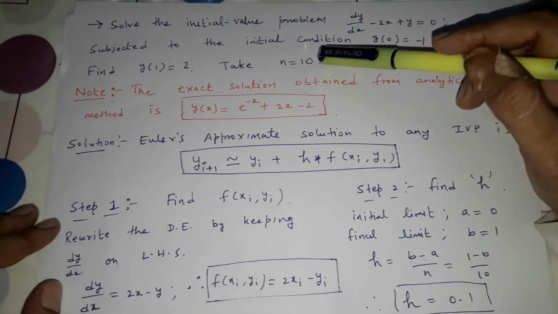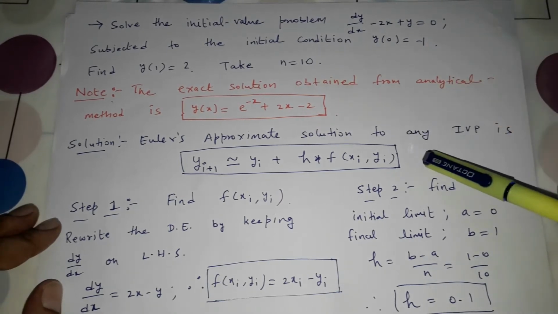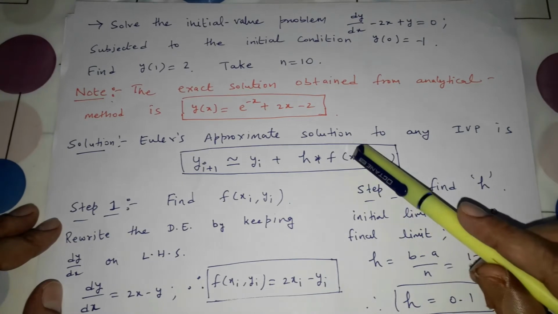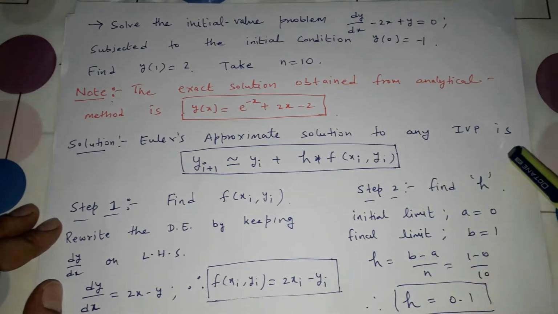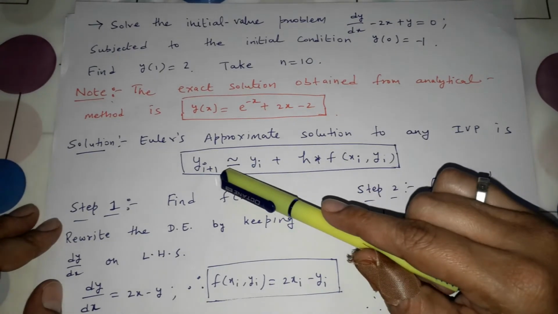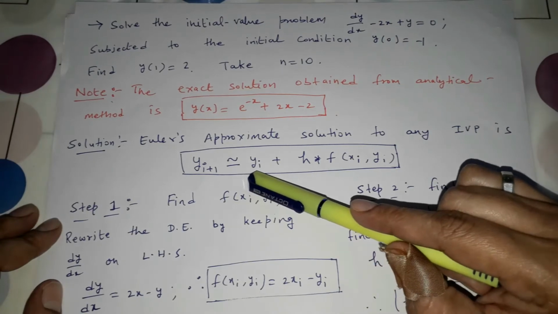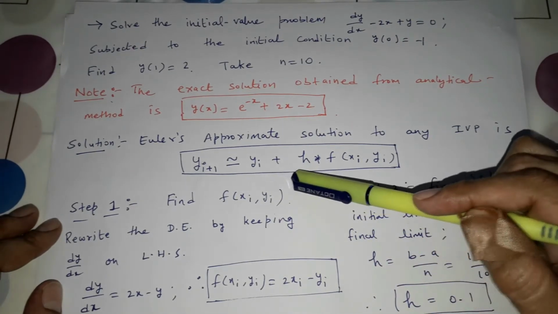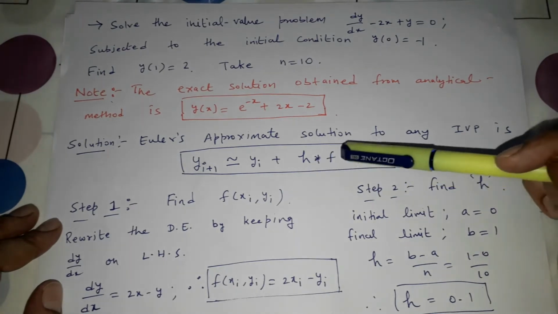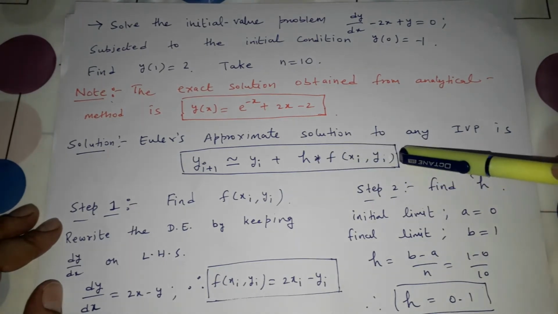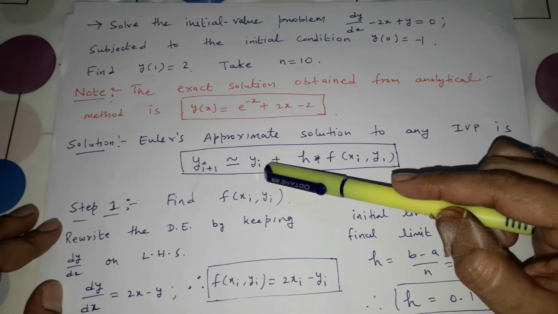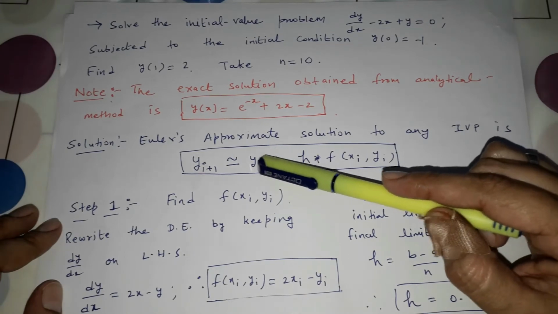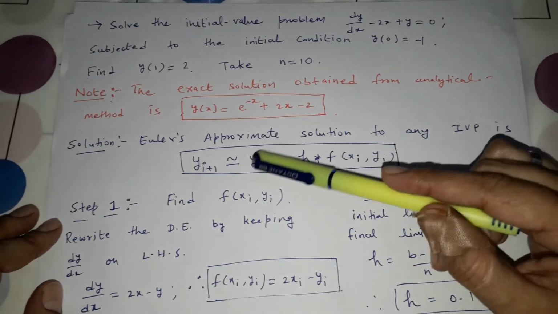In the last lecture, we saw the Euler's approximate solution to any initial value problem is y of i plus 1 is approximately equal to y of i plus h times f of xi comma yi. Here i plus 1 is one step forward.